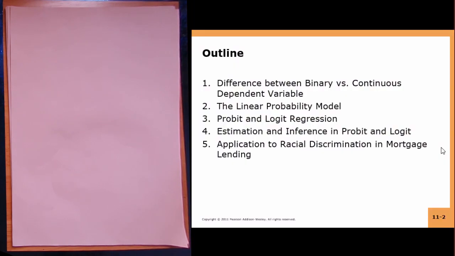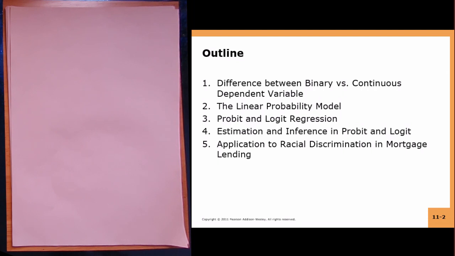So first we will talk about how the presentation will go. First we will talk about the difference between binary versus continuous dependent variables. Then we will talk about the linear probability model, and we will introduce the ideas of probit and logit regression.